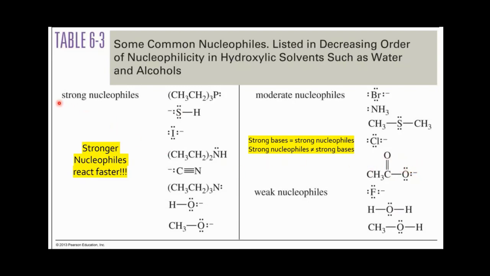So essentially, the strong nucleophiles are strong because their negative charges are more localized, and strong nucleophiles can also be strong bases, but it doesn't work the other way.